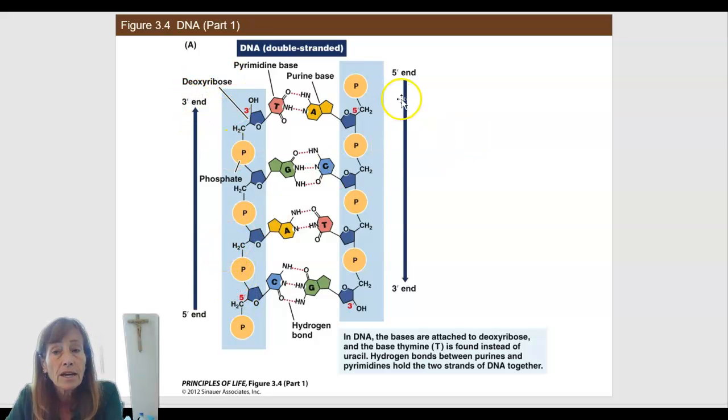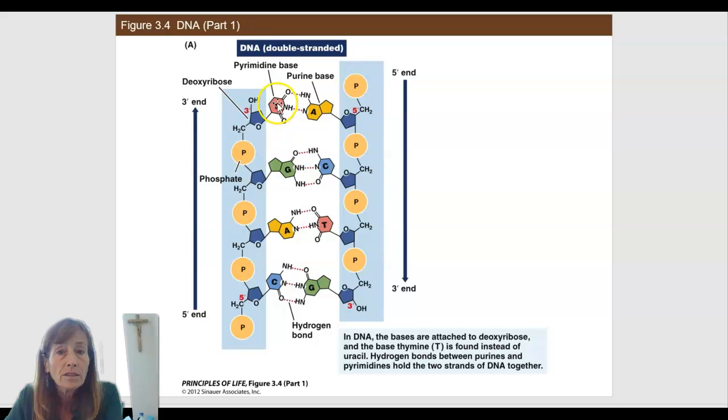But then go to this side and you see the 5' on the top and the 3' on the bottom. But the other thing you'll notice is that thymine, there's T, is joined always with adenine. So if there's a T on this side, there's going to be an A on this side. If there's an A on this side, down here, there's going to be a T on this side.